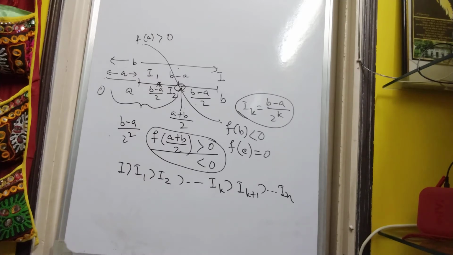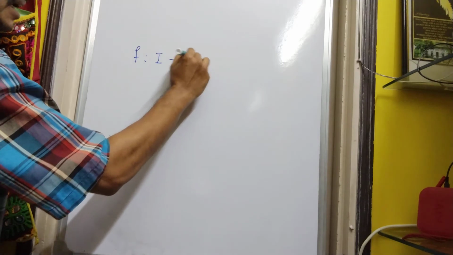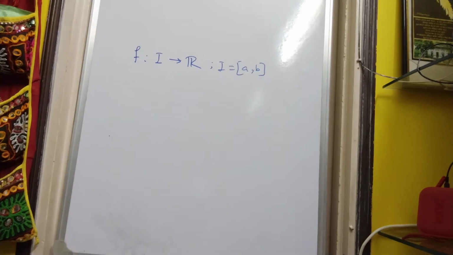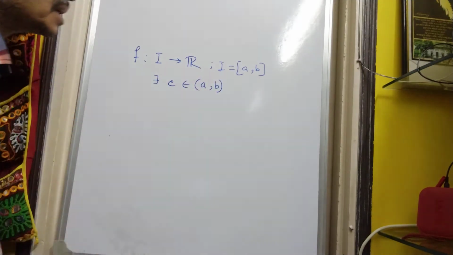I would like to mention after this discussion that with the help of these two, we can say that if we have a function again which is continuous and defined on a closed and bounded interval I, then we can claim that there exists a value c in the open interval a b. f is continuous.